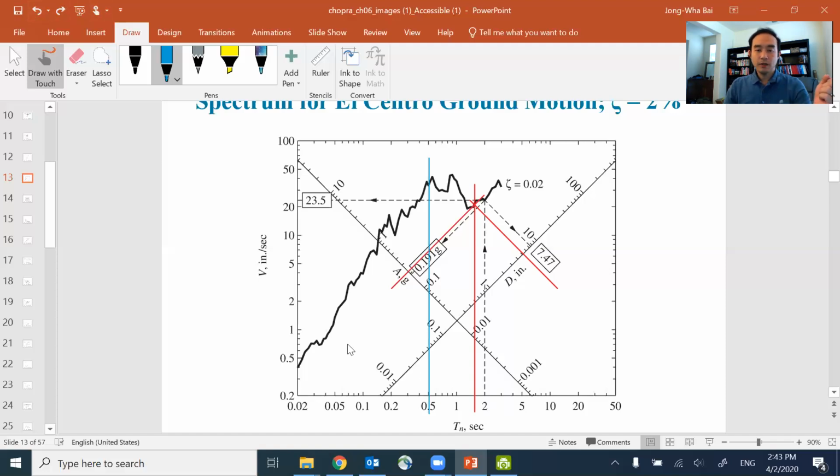So here is a straight line with 0.502 second. And as you can see, the corresponding value is now changed. So when we draw a straight line in this way, okay, the corresponding maximum value of deformation is, let's see, it is almost 2.7.